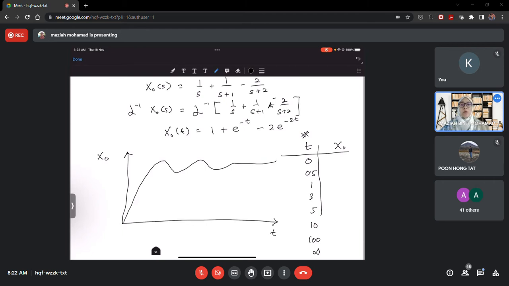So you know the function of this time response equation: it is to know the behavior of the system. But normally they won't ask you to plot the graph for the time response equation. But later for first order, second order, yes, you need to plot some of the graph.